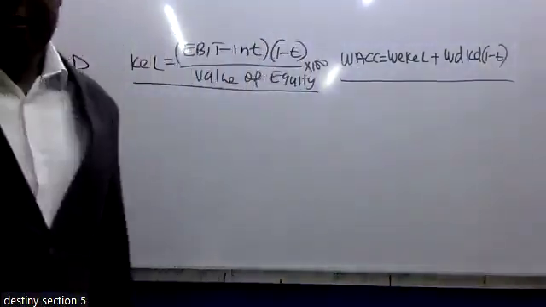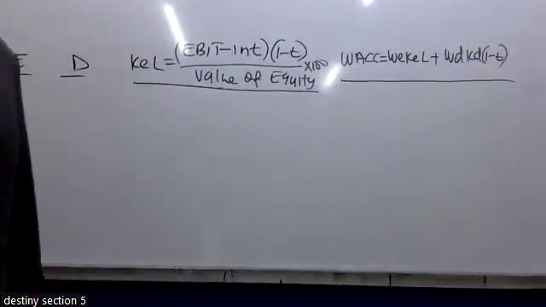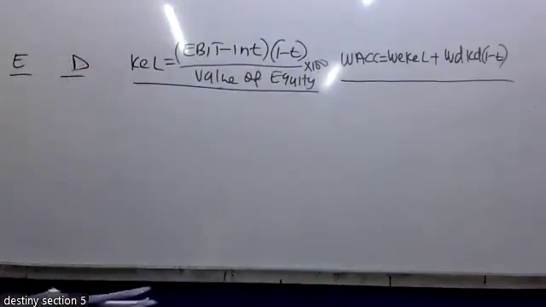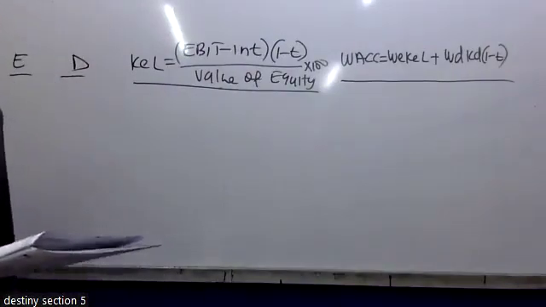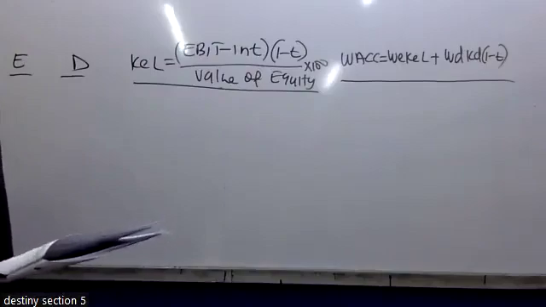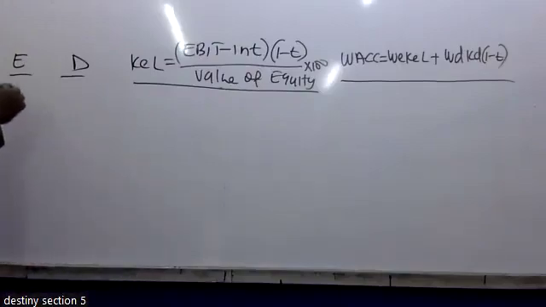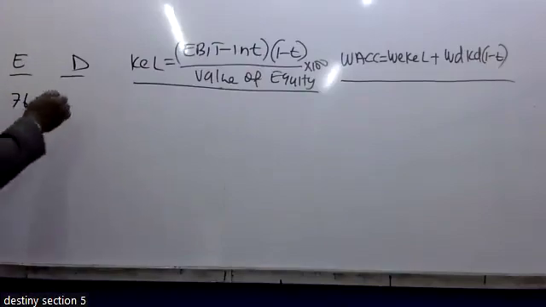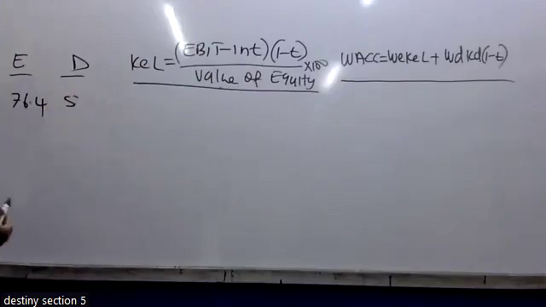So when the debt is 5 million, equity is what? Is it 76.4? Yes. So equity is 76.4. So debt there is 5 million.